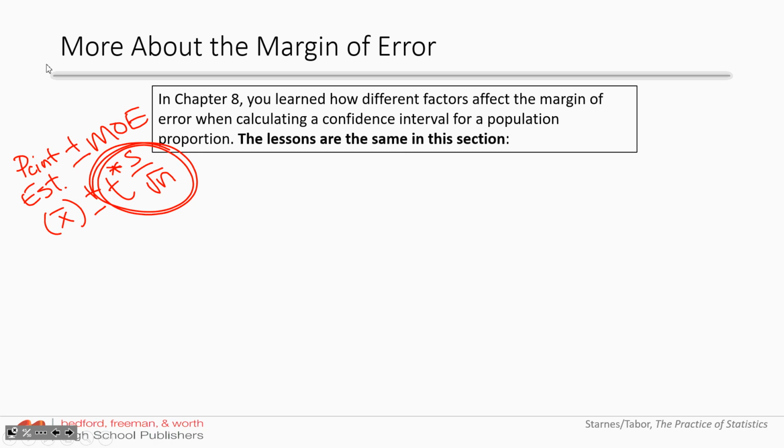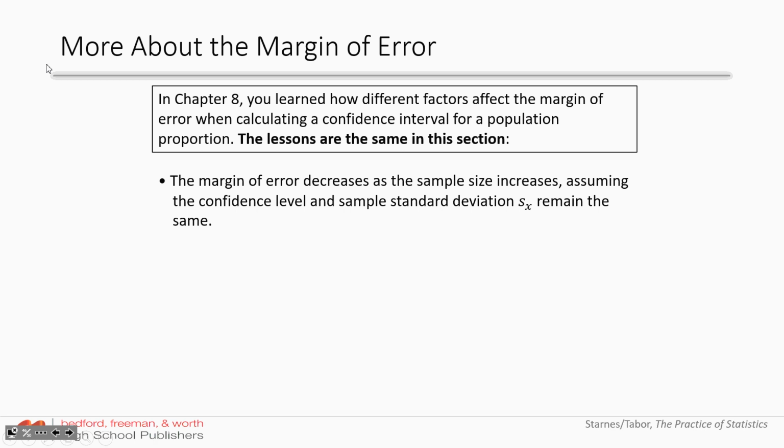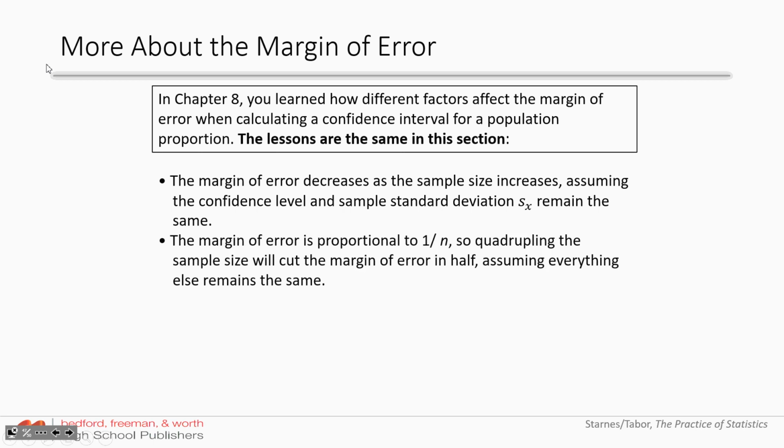So this should all sound very familiar. Margin of error decreases as sample size increases. Remember, bigger sample size, less sampling variability. So s over root n is your sampling variability. The bigger the sample size, the smaller the margin of error, again assuming everything else remains the same.